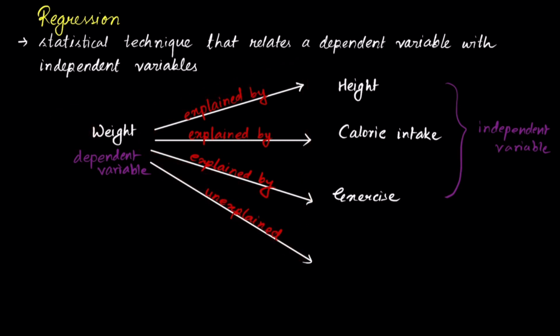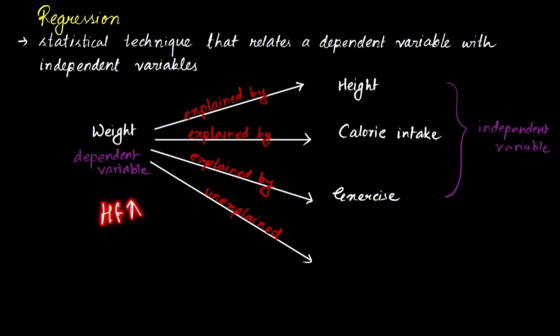Again, let me make the thing much more clear. Let's say you take a person for study. This person is Ram. You study about his weight and the fact that his weight has increased. You study that the increase in Ram's weight has been due to increase in his height or increase in his calorie intake or decrease in his exercise.